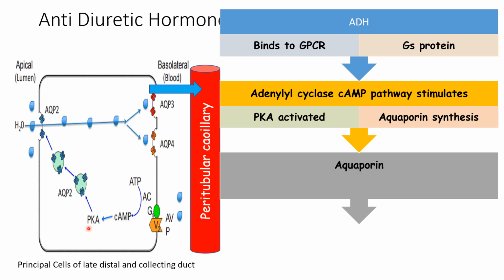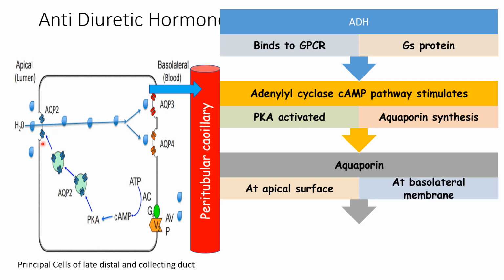You can see here, these aquaporin channels are moving all the way along to the apical side of the lumen. Here, at the apical side of the lumen, the kidney is filtering the water. So what will happen? The water will move through this pore. Aquaporins are nothing but pores. So water will move along the concentration gradient from the lumen into the cell.